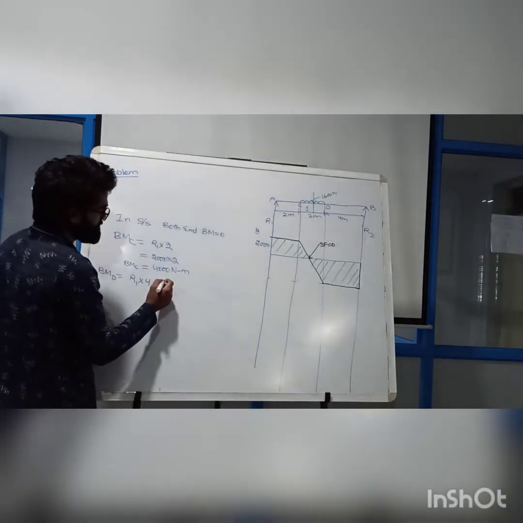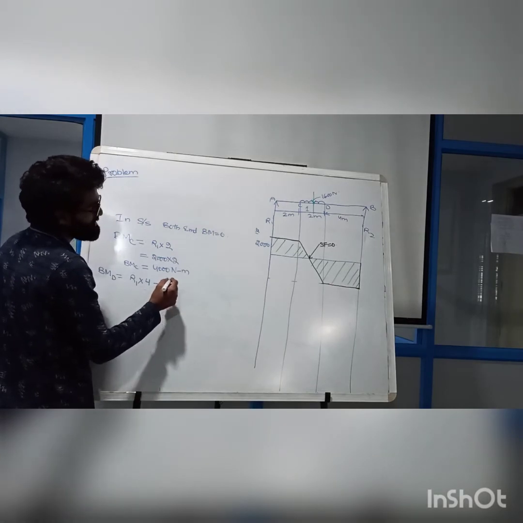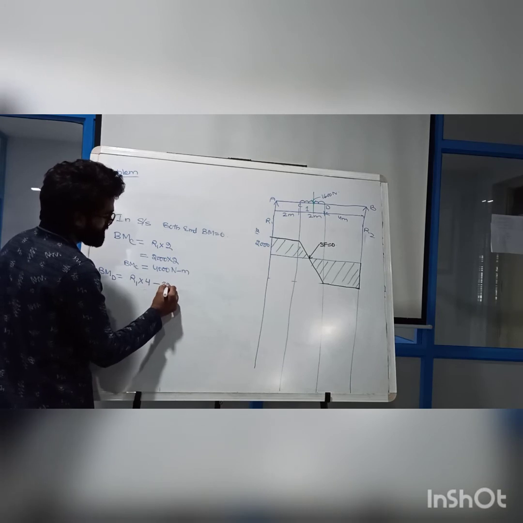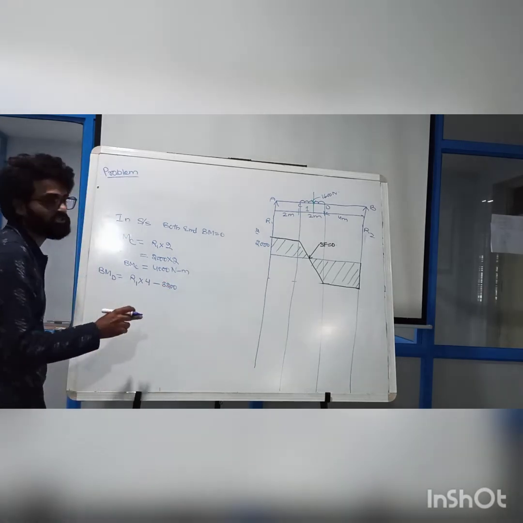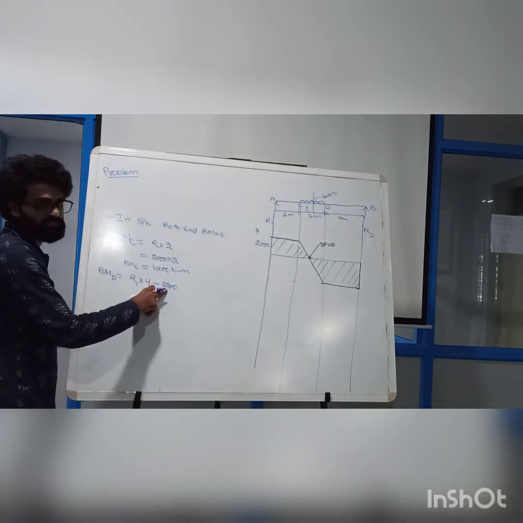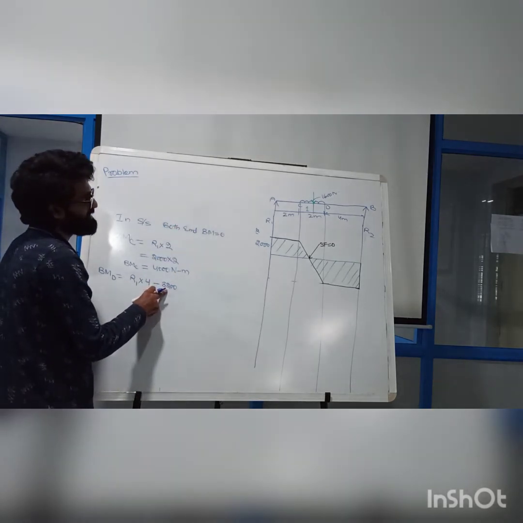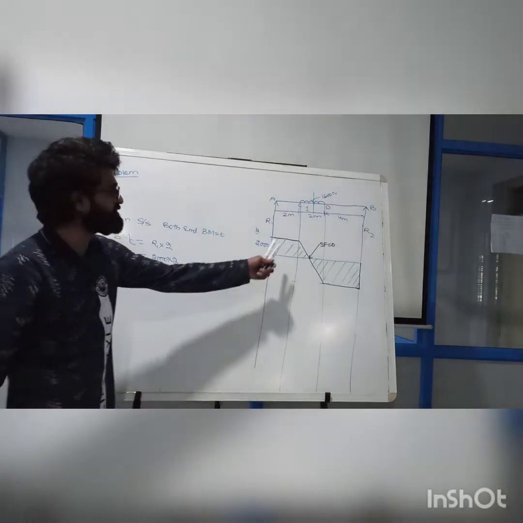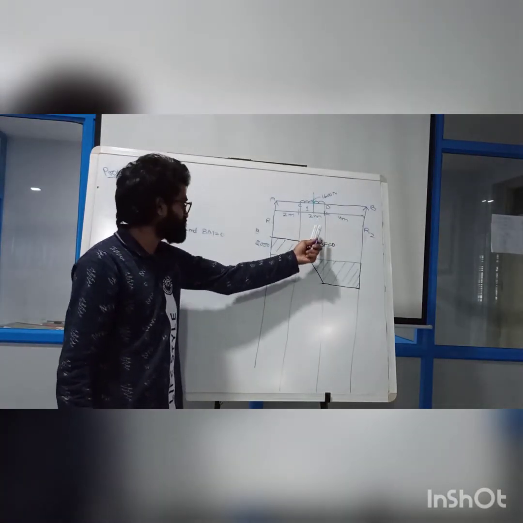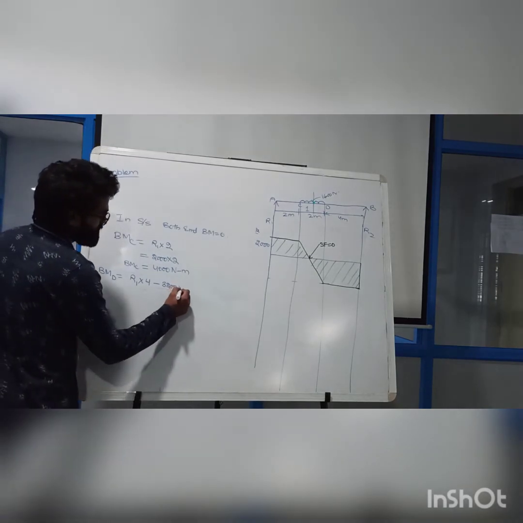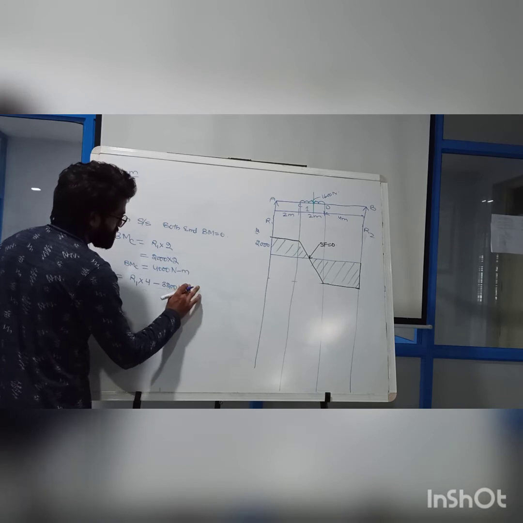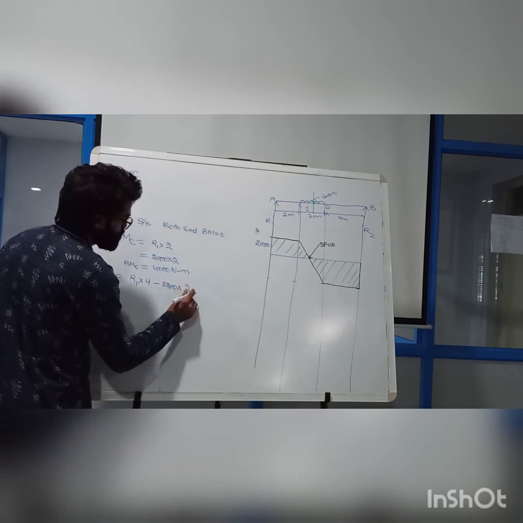The UDL is 1600 into 2, that is 3200, and it is acting at a distance from here to here. What is the distance from here to here? 2 divided by 2.